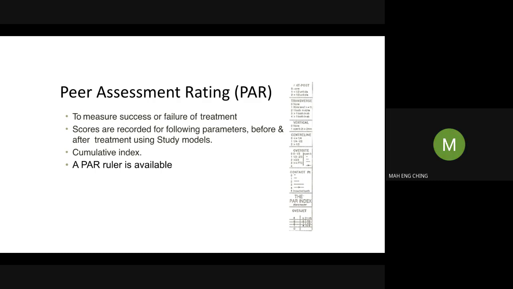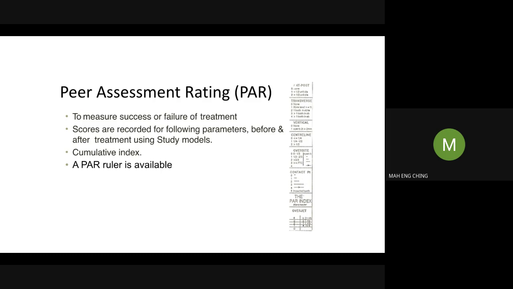Okay. If no questions, then I will proceed to the next index, which is the Peer Assessment Rating, the PAR score. This one we usually use to grade the result. So let's say we have a PAR score before treatment and after treatment.